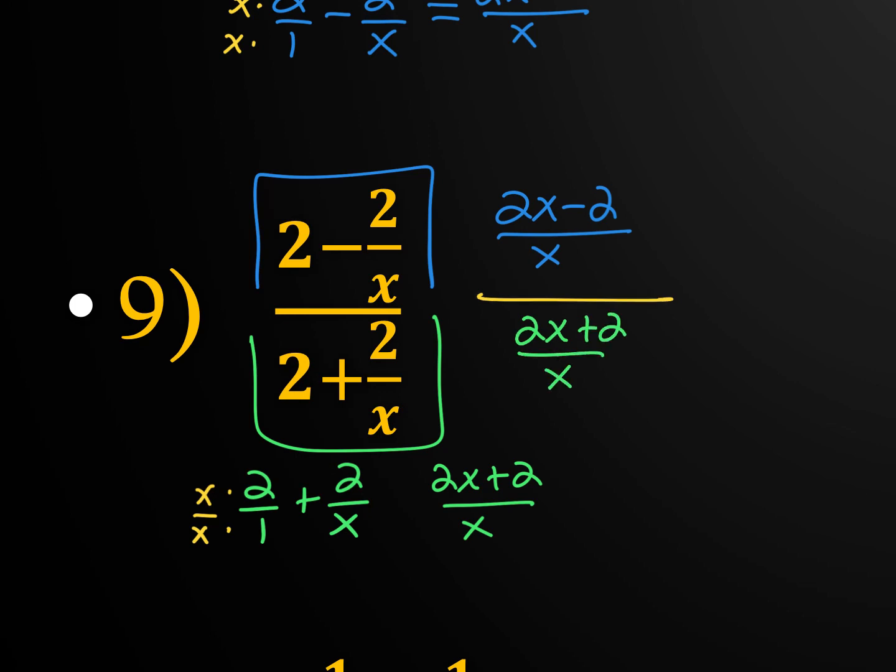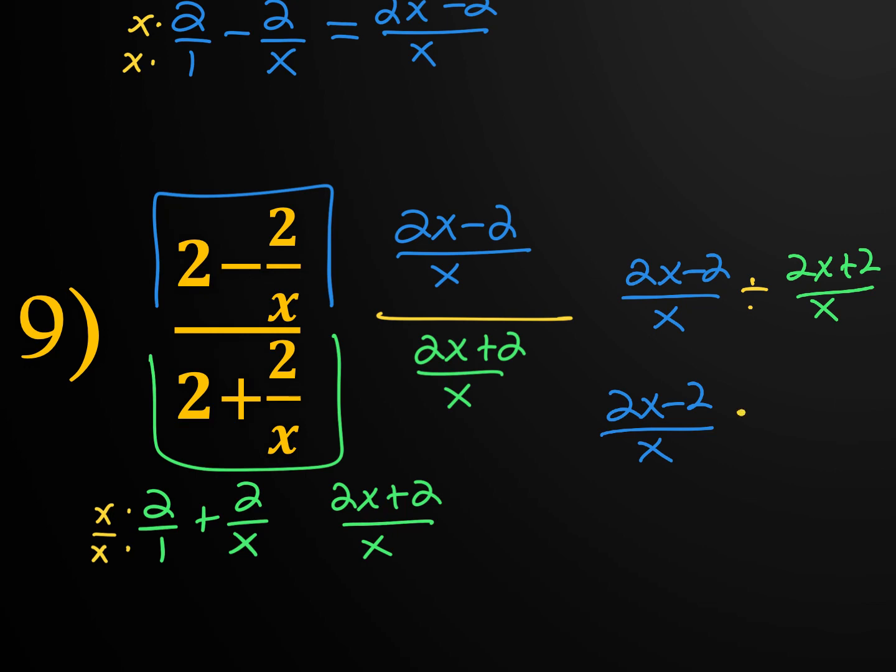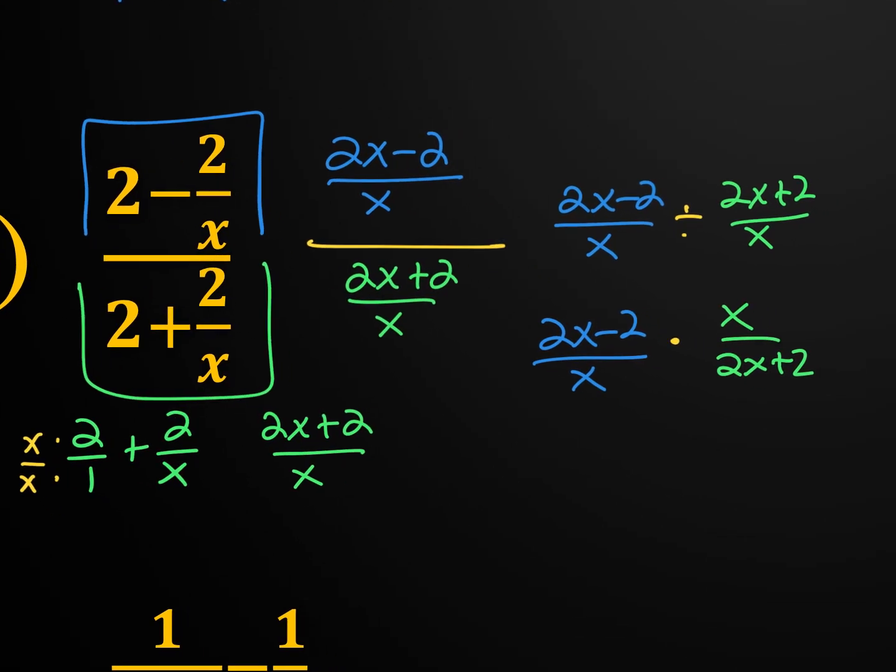And now I can divide. So the blue one divided by the green one. I'm going to keep, flip, change it. So keep it, change it to multiplication, flip upside down. And now I'm going to look for things to simplify. Now, the x's for sure, they're gone. But on the diagonals, I can pull a GCF out of each of these.